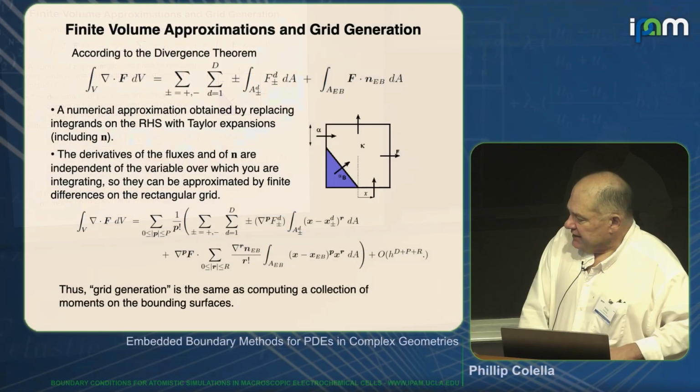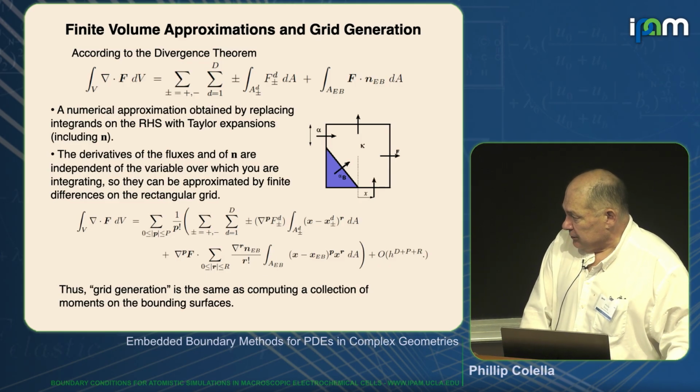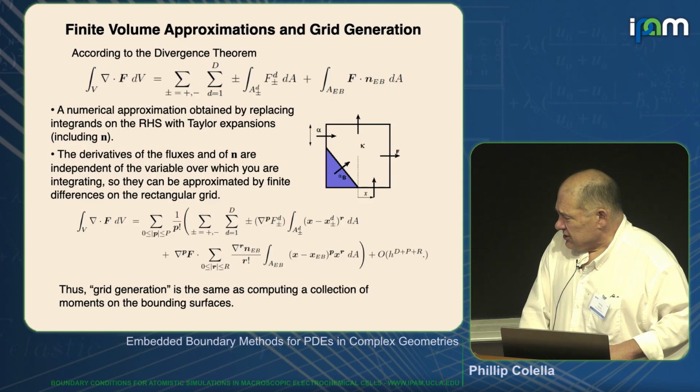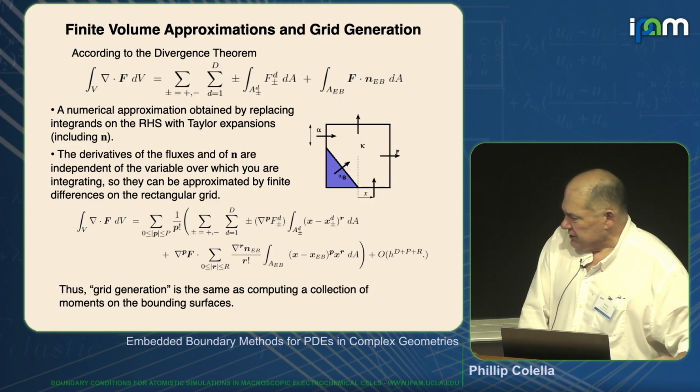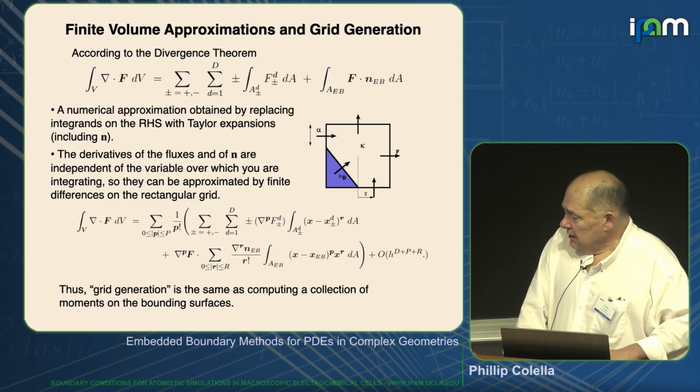I've written that down here. This R should be a P. So this is the sum over the Taylor expansions up to terms equal to capital P. And it's a Taylor expansion about a point. In this case, I would choose for each of these points the centroids of these faces.